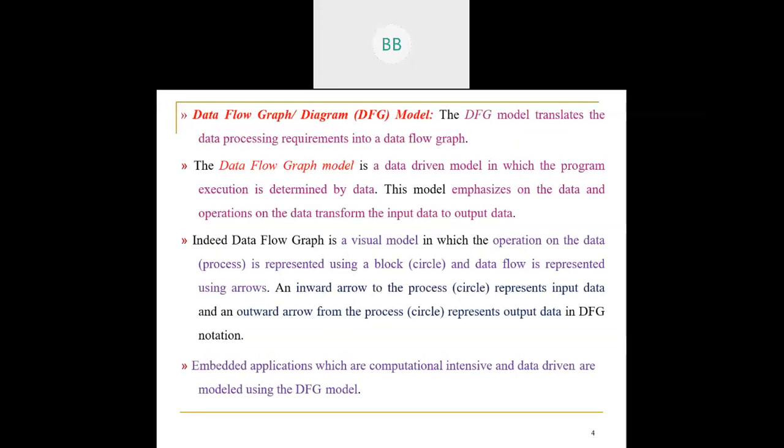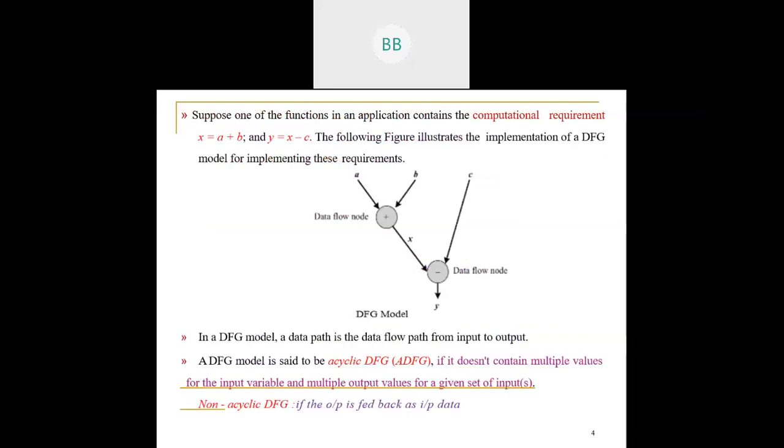DFG illustrates how the data is processed by the system in terms of inputs and outputs. As its name indicates, its focus is on the flow of information: where the data comes from, where it goes, and how it gets stored.